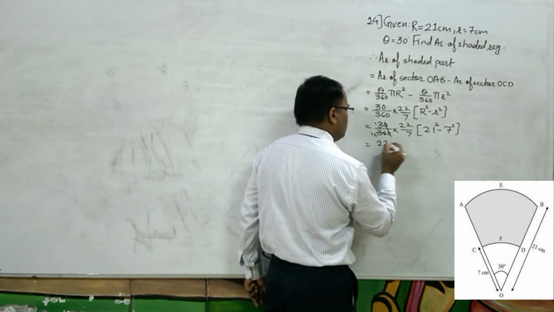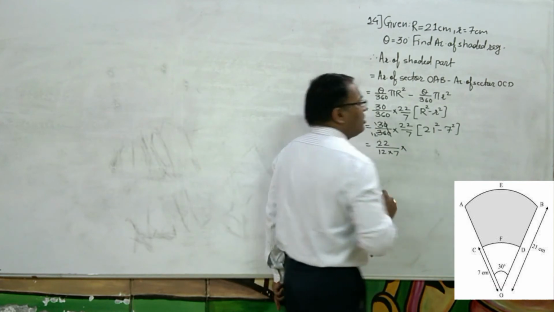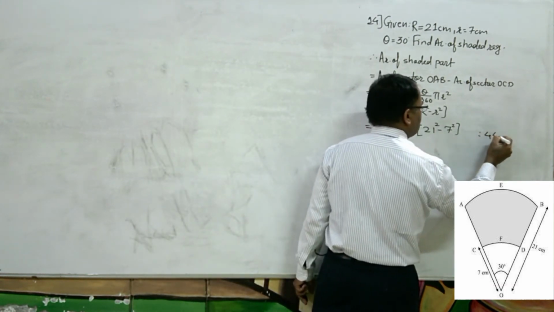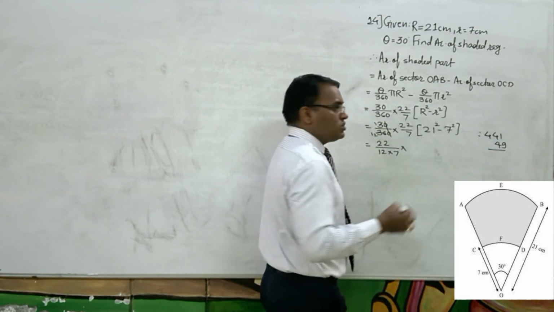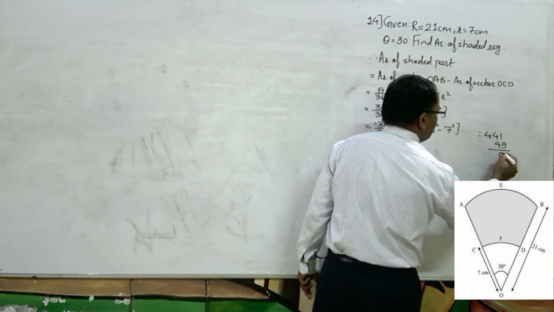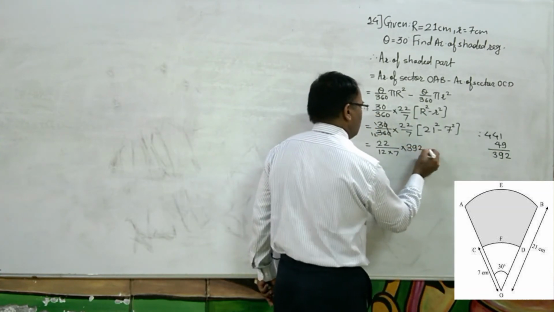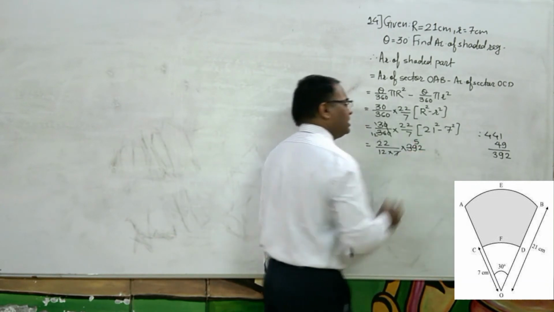So 22 upon 12 into 7 into 21 square is 441, and then 7 square is 49. Okay, so what is remaining? 11 minus 9 is 2. 30 minus 4 is 9, and then 392. So 392, which can be divided by 7. 7 5s are 35.